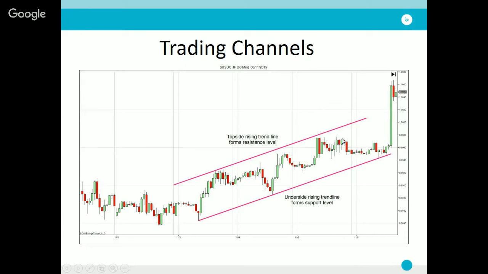And then once we have our channel in play, there are two ways really in which we can use them. The first way is we can look to use them for trade management. So one of the major things that we focus on is we're always looking to trade with the trend. So as much as possible, we're always looking to trade with the trend, as this is proven time and time again to be the most profitable way of trading in the long term.